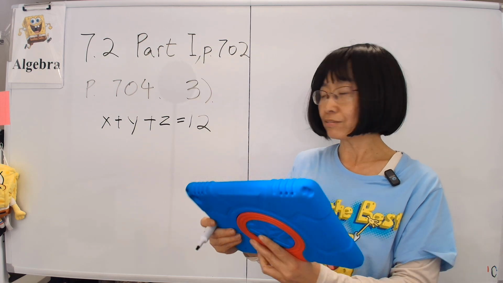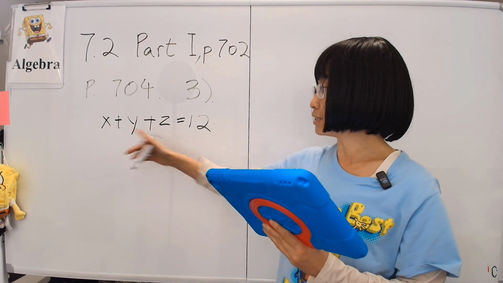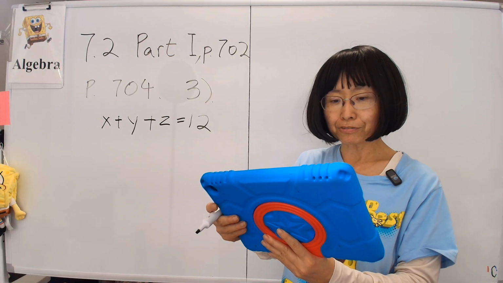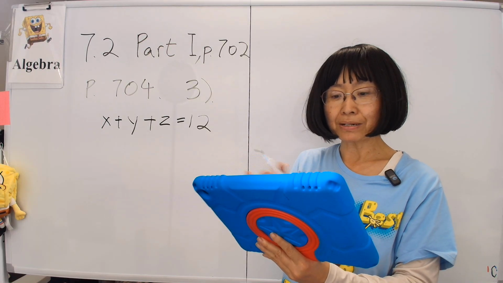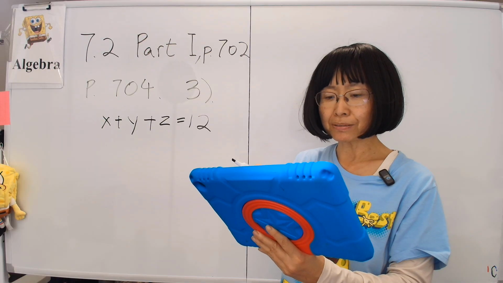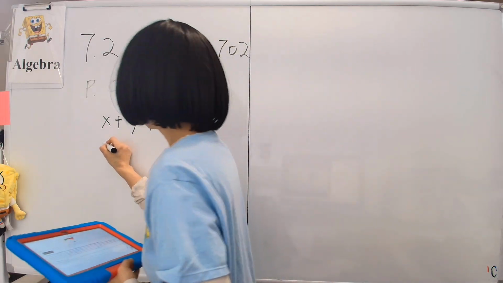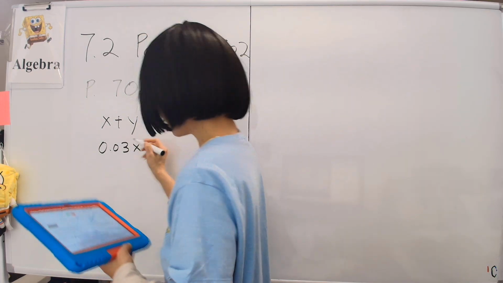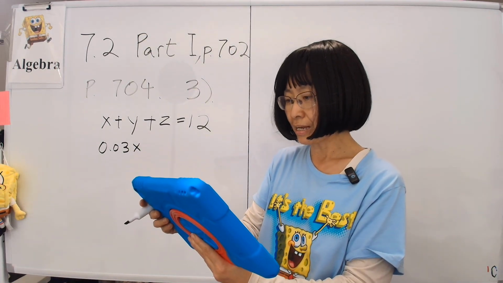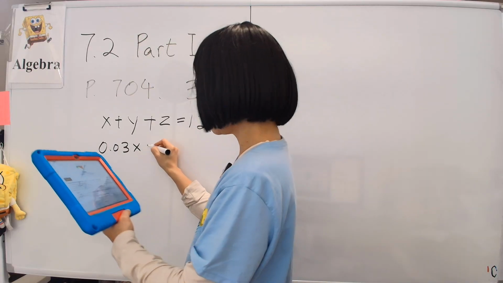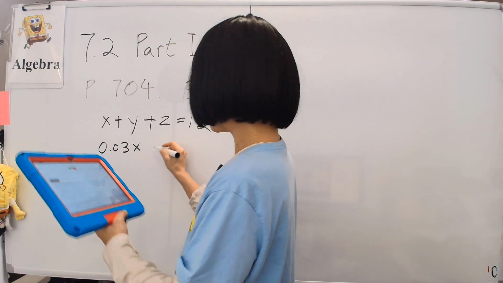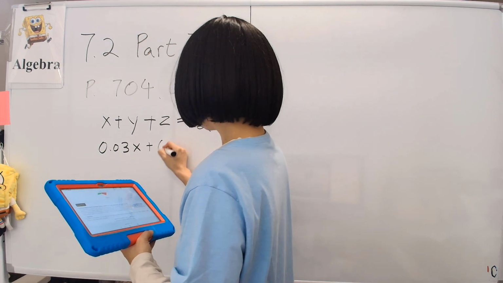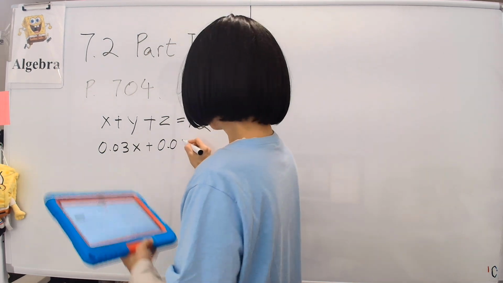Okay, so the money, 12, is being split up 3 ways, and we don't know exactly how, but let's read it. Okay, x will be the money market fund, which pays 3% interest. So that will be x times 0.03. And y, we'll call it the municipal fund, 0.04, 4%.